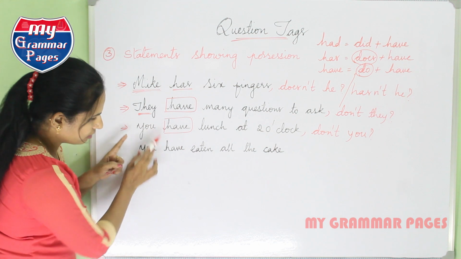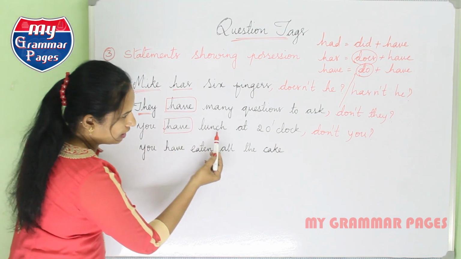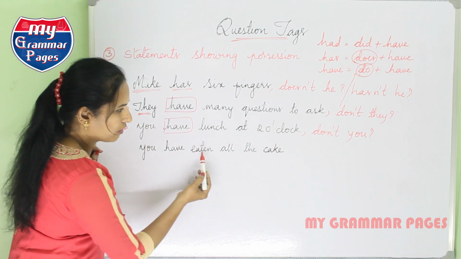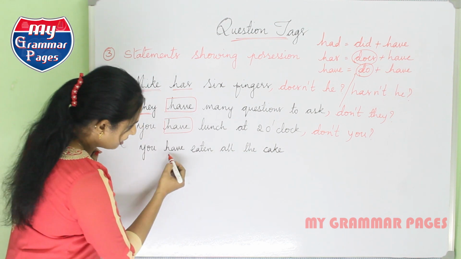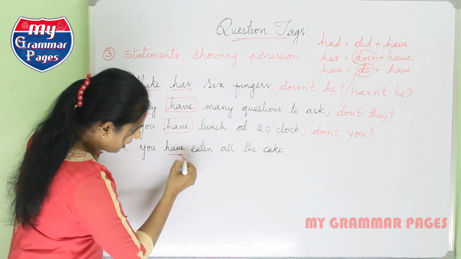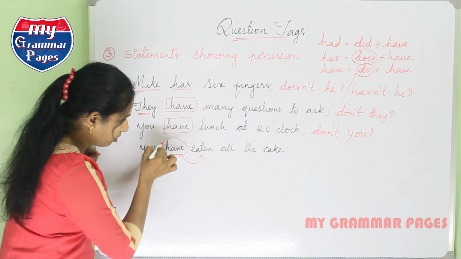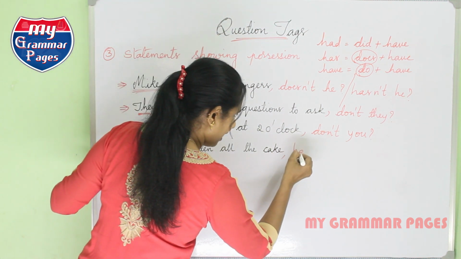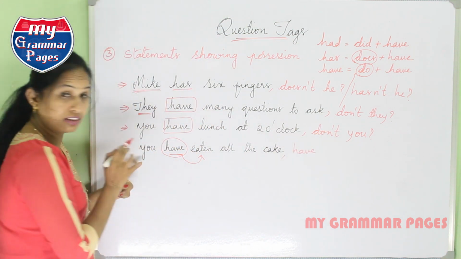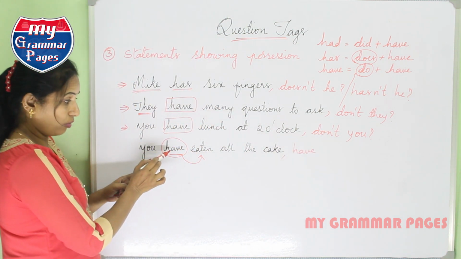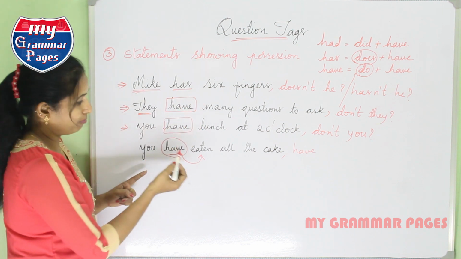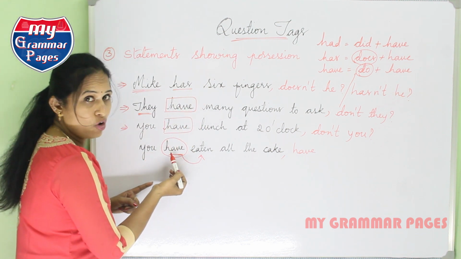But here just look at the difference. You have lunch at 2 o'clock. You have eaten all the cake. So in this, have is helping the main verb eaten. So here we are going to take the same word have. We are not going to write do here, because we are not going to split this have into do plus have, because already it is acting as an auxiliary verb.